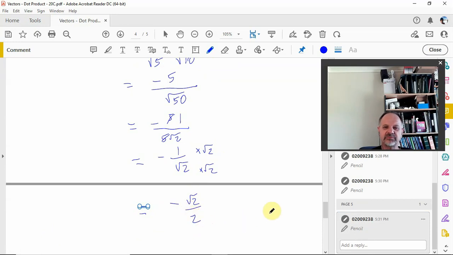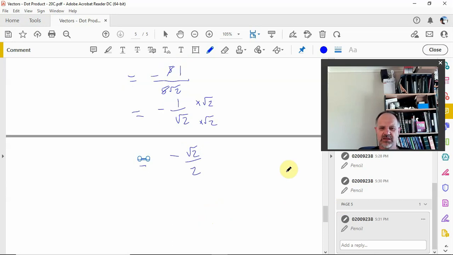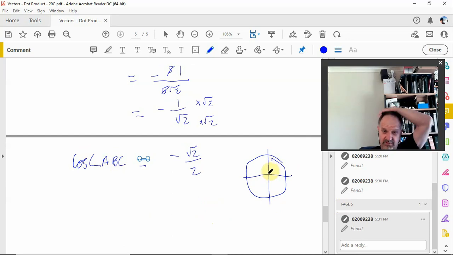Now when we go back to our unit circle, we're talking about cos of angle ABC, and cos is negative in the second and the fourth quadrants, but we don't need to worry about the fourth in this case.